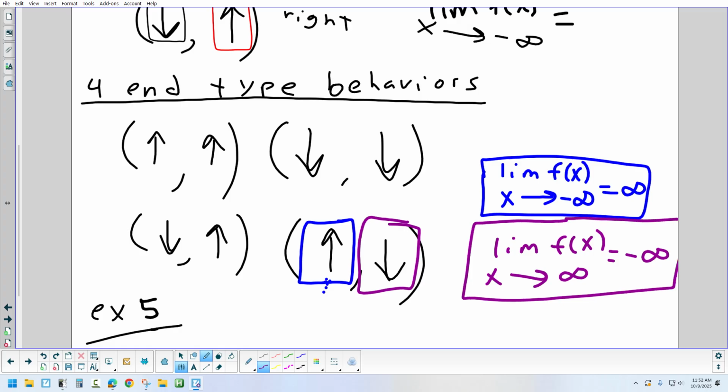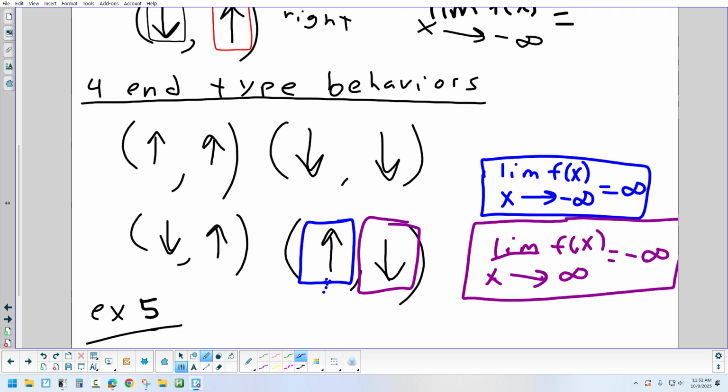So what does that mean? f of x is another name for what letter? Y. And the word limit basically means what happens to. What happens to y as x heads, which way is infinity on the x-axis? To the right. What happens to y as x heads to the right? It goes down. Where is down? Negative infinity.